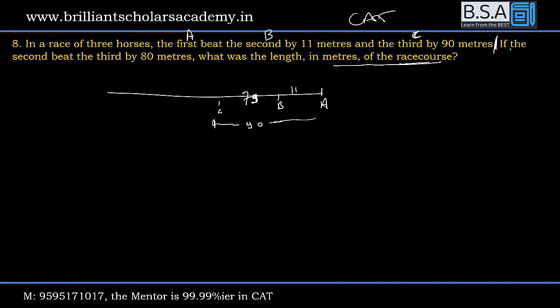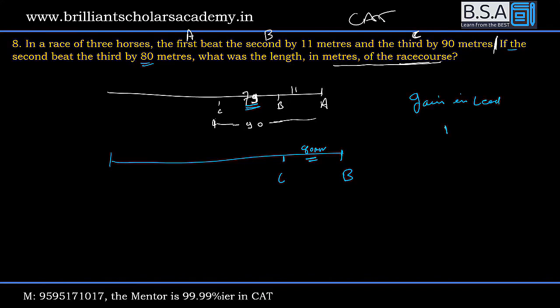What does the second hint mean? When the second horse completes the race, it beats the third horse by how many meters? 80 meters. So follow this language. From 79 to 80, what is the gain? Gain in lead. The gain in lead is 1. To achieve that gain of 1, how much did B have to run?